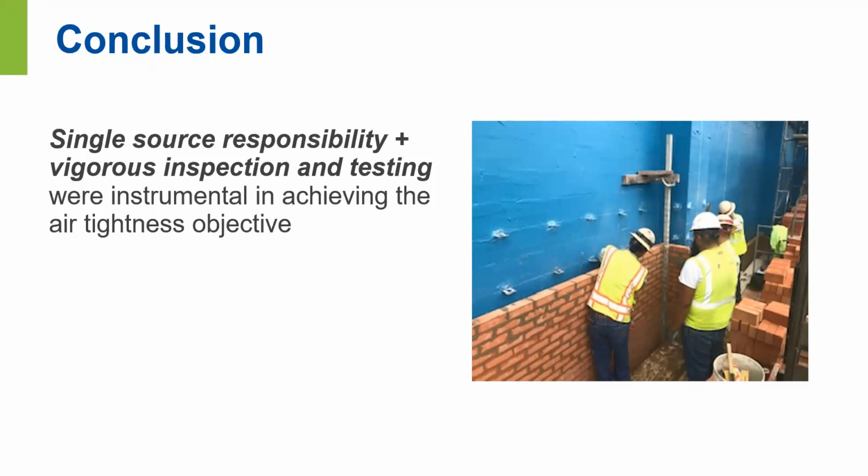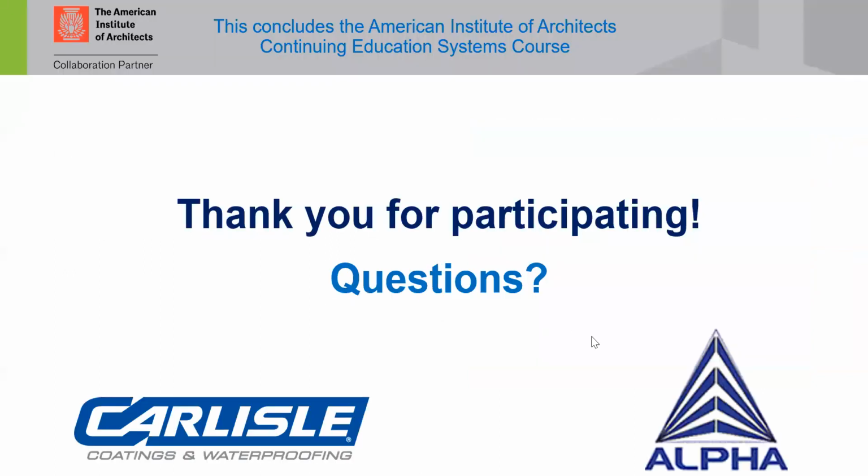And in this case, it worked well that we had one entity in charge of all the coatings and goopy sticky stuff that agreed to have continuity of its work over the whole building and guarantee the airtightness of the building. Single source responsibility is the short way of saying that. And that is the end of the case study and the presentation.